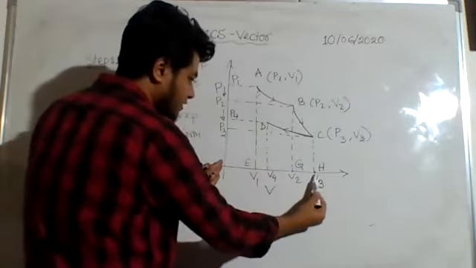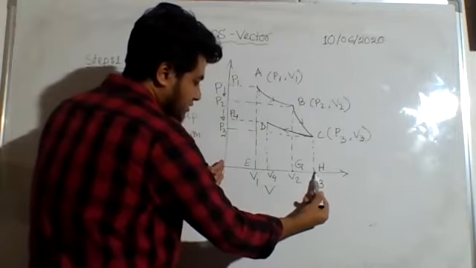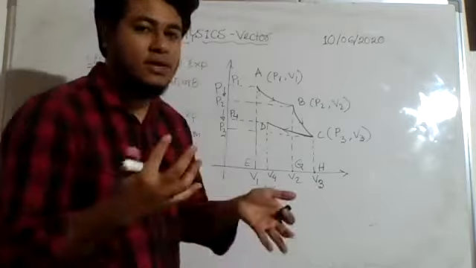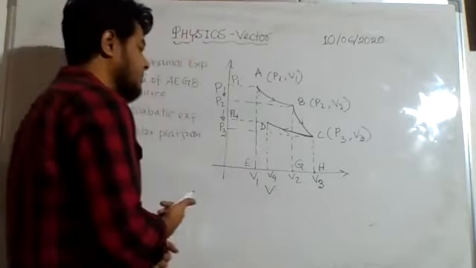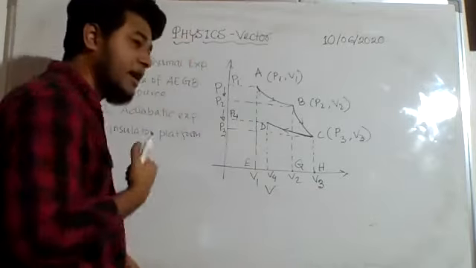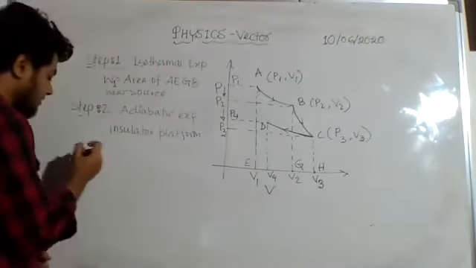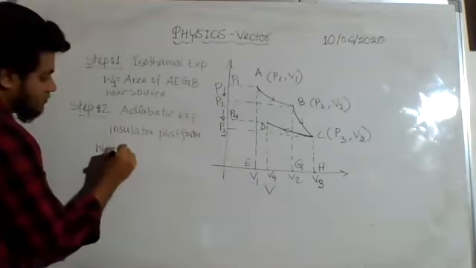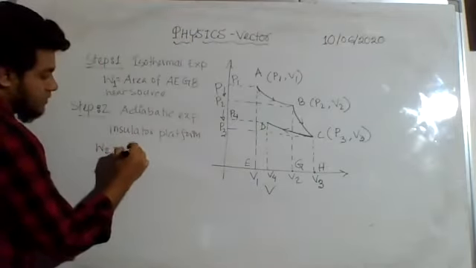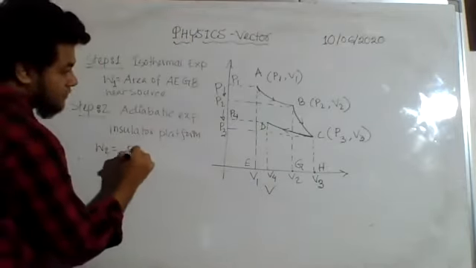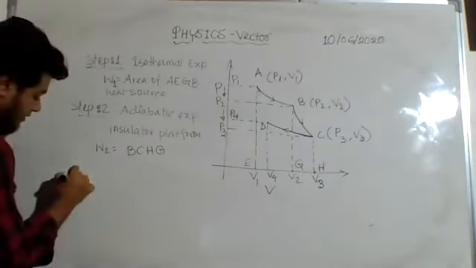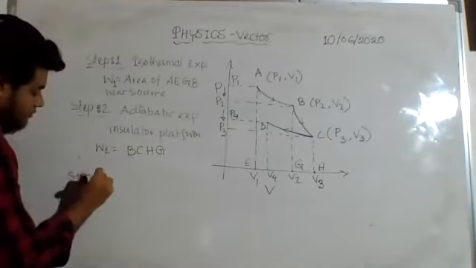Previously the volume was greater, now it is smaller. So we can say that the gas has been compressed. As we did it isothermally, here I did not write the work done, W2. It is the area of BCHG.